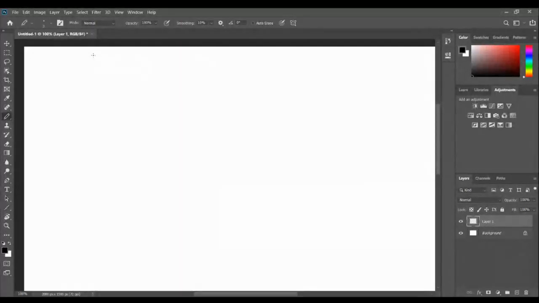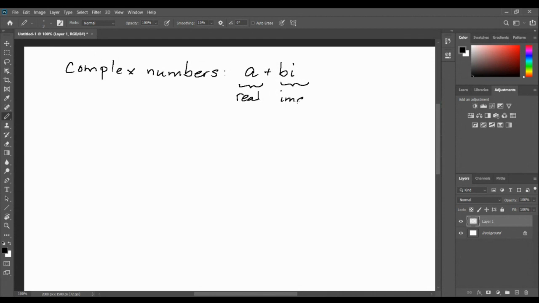So complex numbers, as a reminder, are numbers that we write in the form a plus bi, where a is the real portion and bi is the imaginary portion.